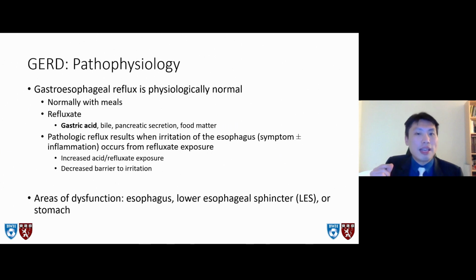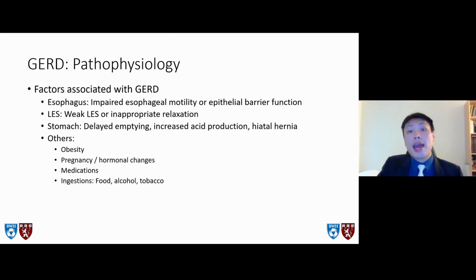Pathologic reflux usually results when there's irritation of the esophagus from this refluxate exposure, either due to an increase in acid or refluxate exposure, or a decrease in the esophageal mucosal barrier to these irritants, causing injury to the esophagus. And reflux can happen due to dysfunction in three main areas: at the esophagus level, at the lower esophageal sphincter level, or in the stomach. And usually with the esophagus, if there's impaired motility or decreased epithelial barrier function, that can lead to more reflux symptoms.